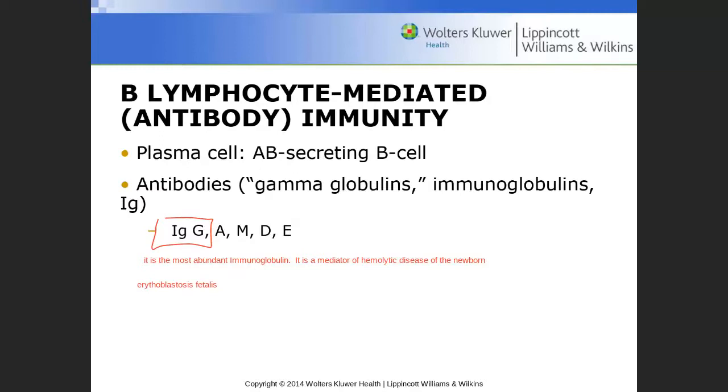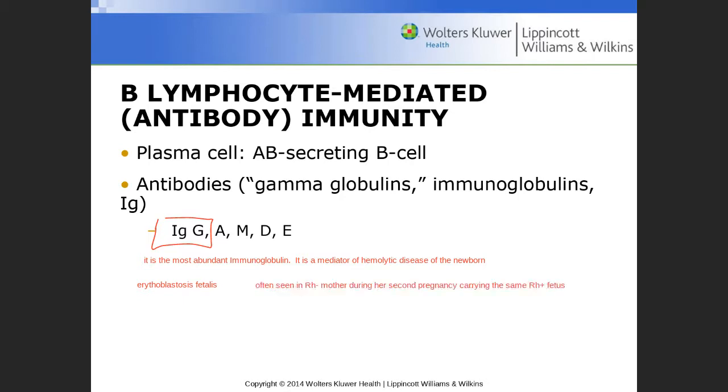okay, which is often seen in an Rh negative mother during her second pregnancy, carrying the same Rh positive fetus.